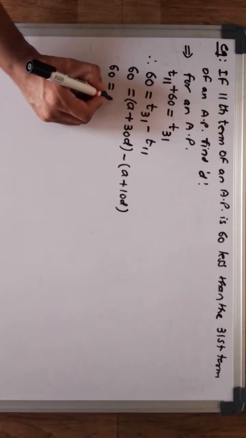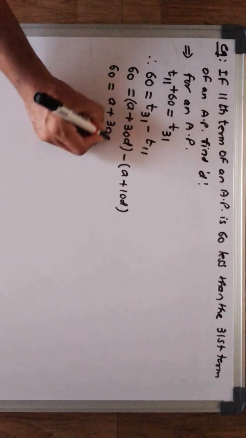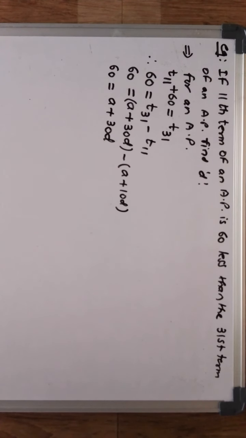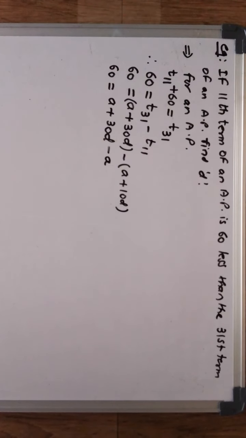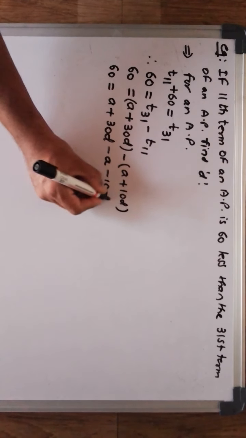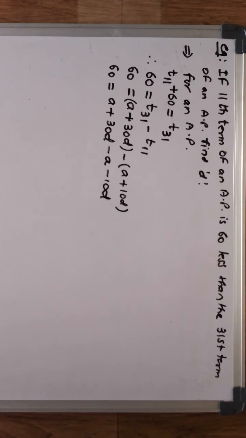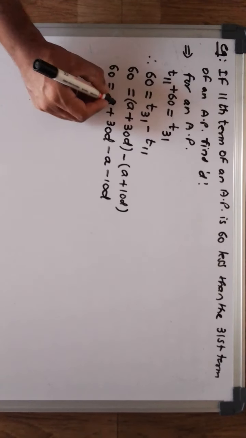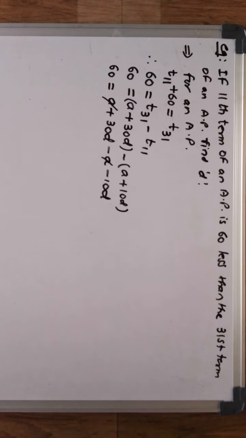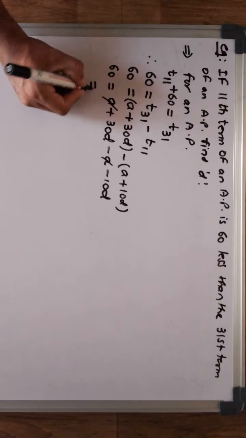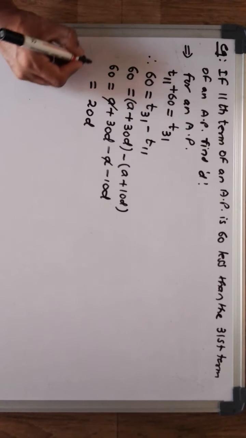So you get here A plus 30D, again open the bracket, minus A minus 10D, right? So this A minus this A becomes 0, 30D minus 10D becomes 20D.